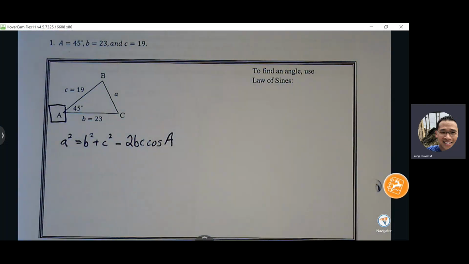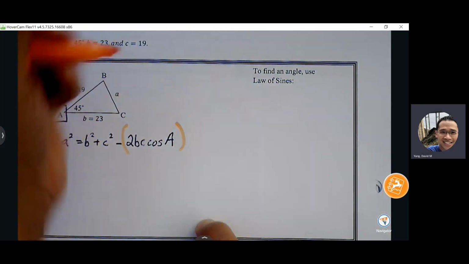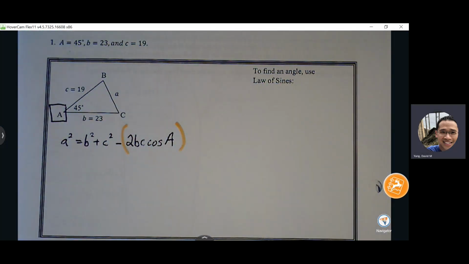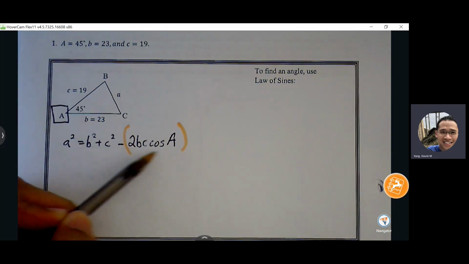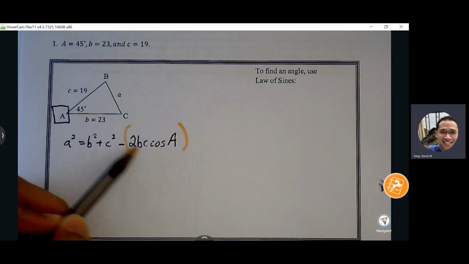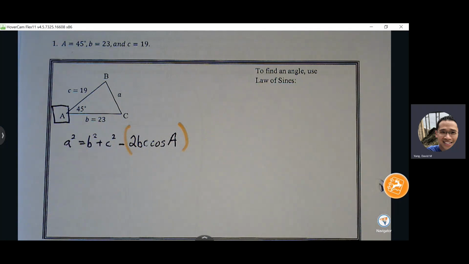I like to put parentheses around that 2bc cosine A, so the calculator is not trying to subtract something before it multiplies everything else. We want all this to be taken care of before it gets subtracted. Having that extra set of parentheses ensures the calculator is not doing the order of operations out of order for us.